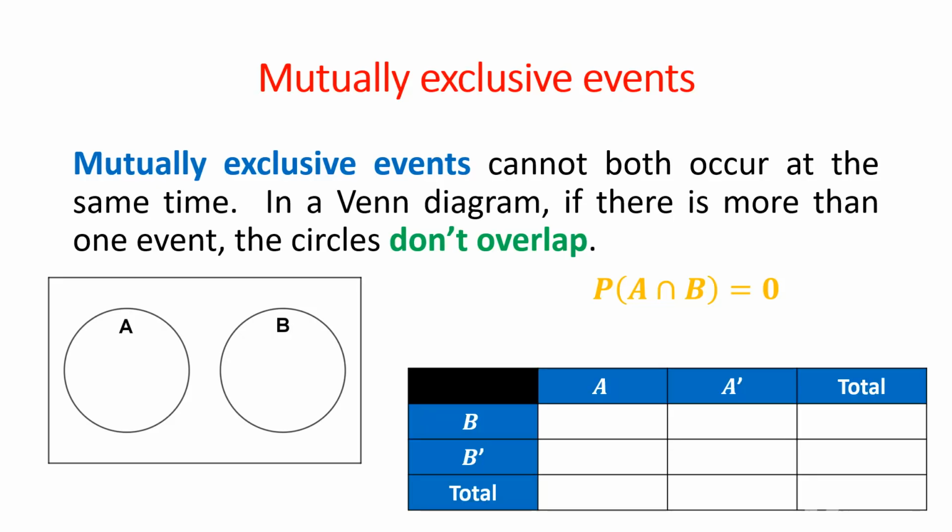Let's bring up a 2A table and try and explain what's going on. The probability of A intersect B is 0. So this part of the 2A table has to be 0. There's no possibility of getting A and B occurring at the same time.